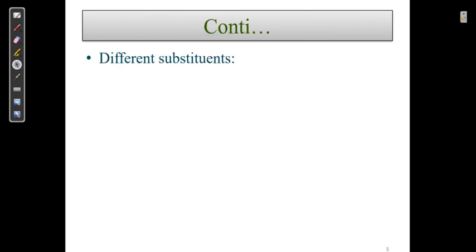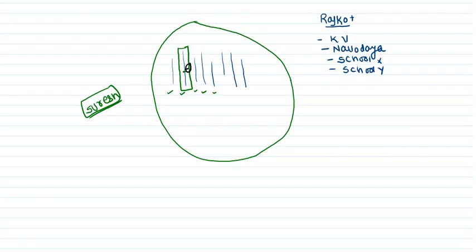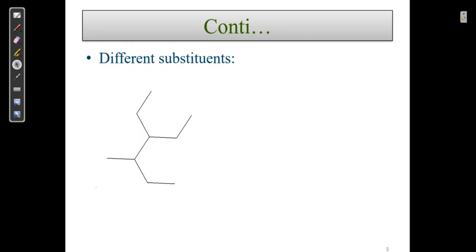Then different substituents. If there are possibilities of different branchings, what you have to do? Suppose in this story one branching is there, another branching is there, another branching is there. We have to enter from the side where we get a branching first.